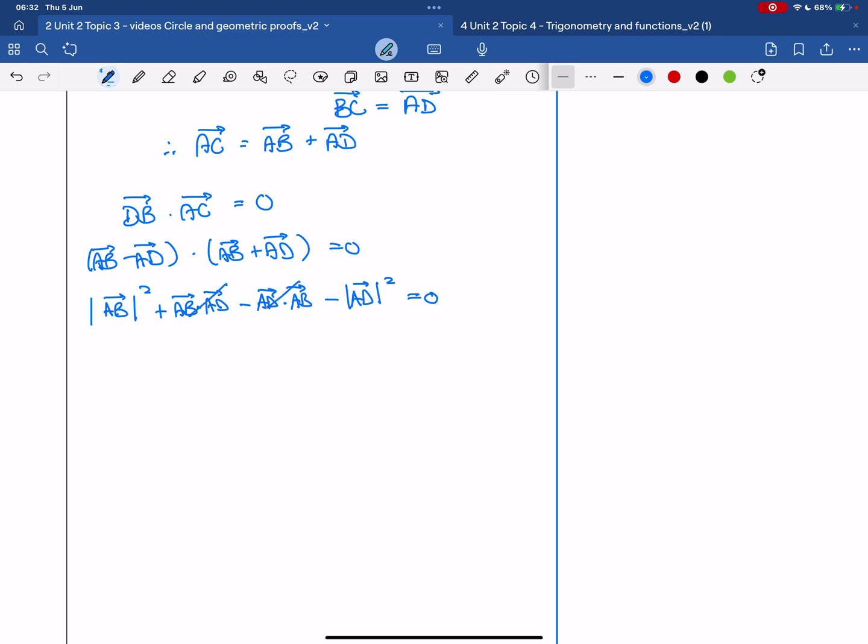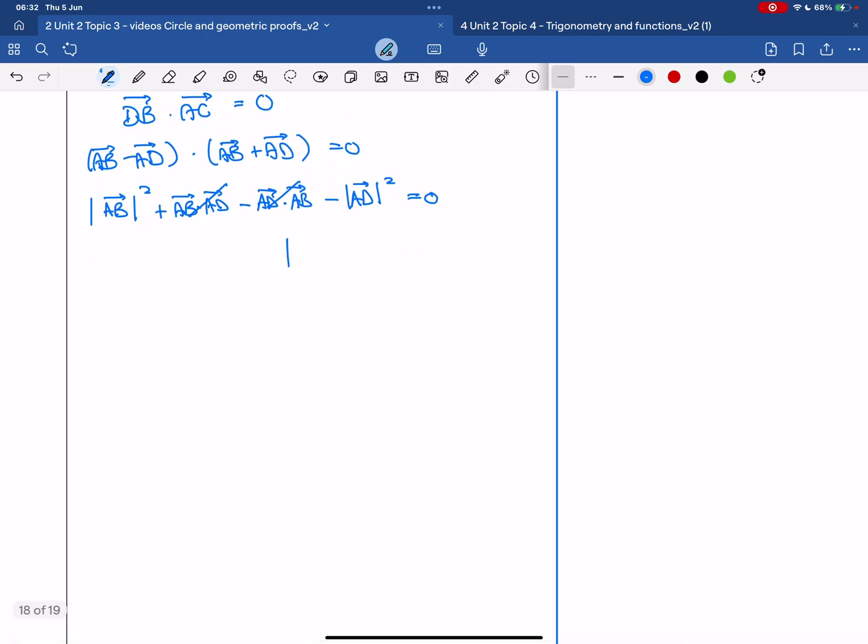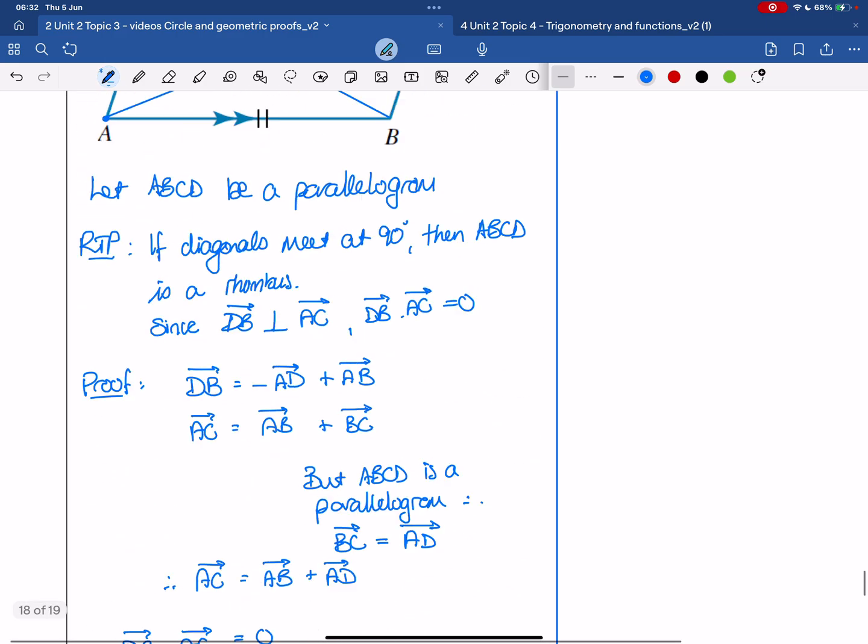These are going to cancel, and then I have that the magnitude of AB squared minus the magnitude of AD squared equals 0. So therefore the magnitude of AB squared is equal to the magnitude of AD squared. So therefore AB is equal to AD. Now those are adjacent sides.